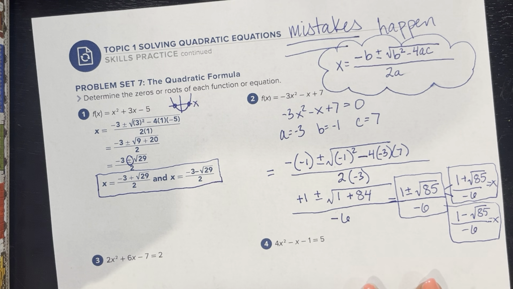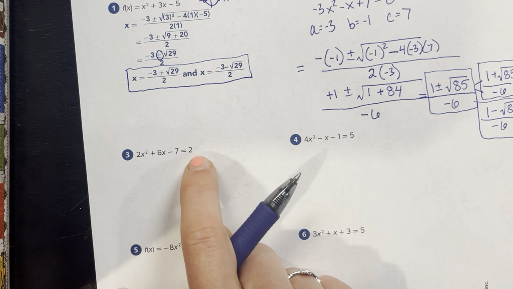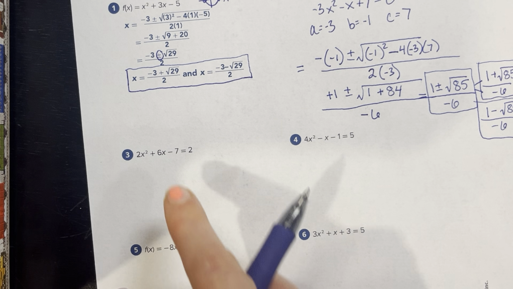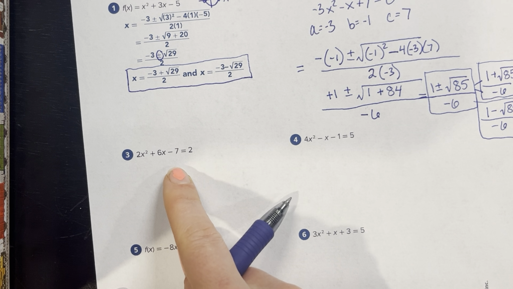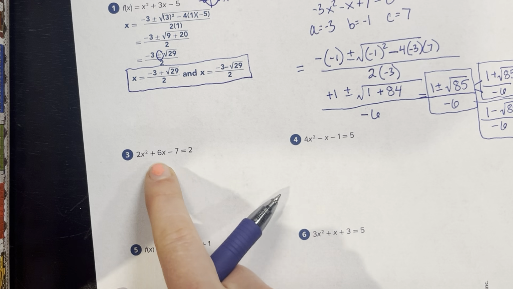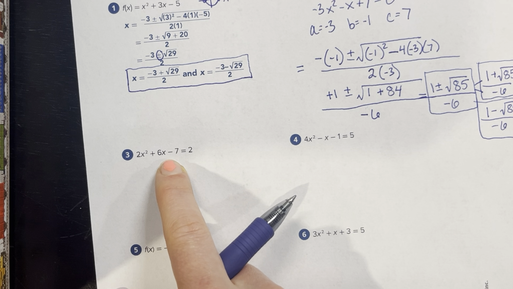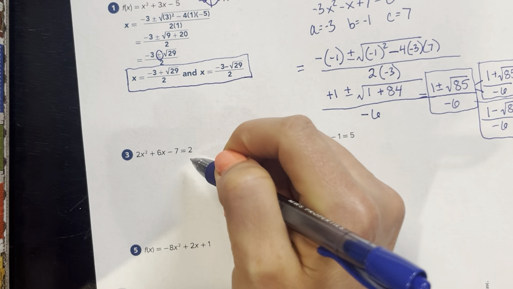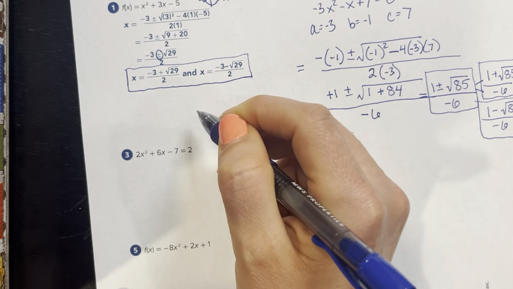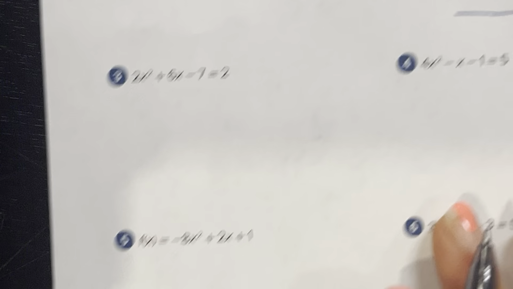This is our quadratic formula, and you might notice down here, these are not equal to 0. If your classmates are making a mistake because they didn't watch this video and you did, you need to set this equal to 0. This is not the C value because it's not equal to 0. How do we make this whole thing equal to 0? Well, we just subtract the 2.